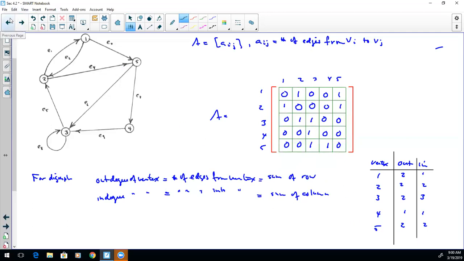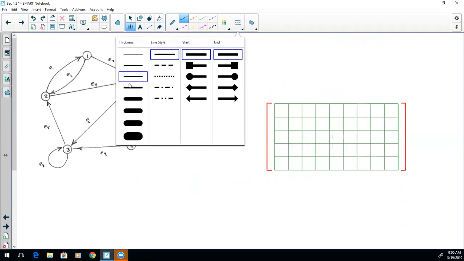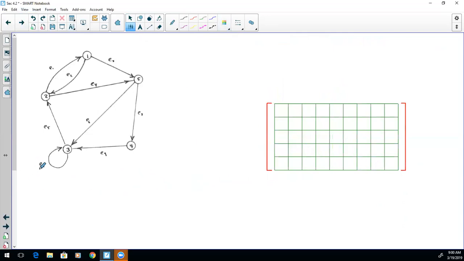Okay, now let's talk about the incidence matrix when it comes to a directed graph. Now, one of the things we're going to have to do on this one is I've got to change this a little bit. If we're doing an incidence matrix for a directed graph, we need no loops.